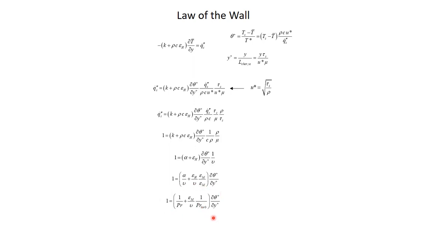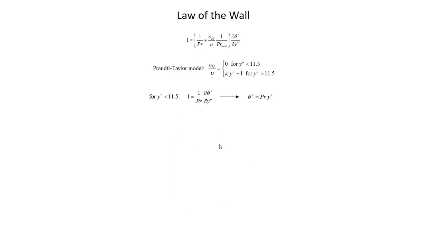So this is the differential equation that I have to solve in order to get my thermal law of the wall. We'll use the same model that we did before, the Prandtl-Taylor model, which is a really simple two-layer model: no turbulent eddies out to y plus equals 11.5, and then linearly growing turbulent eddies beyond that.